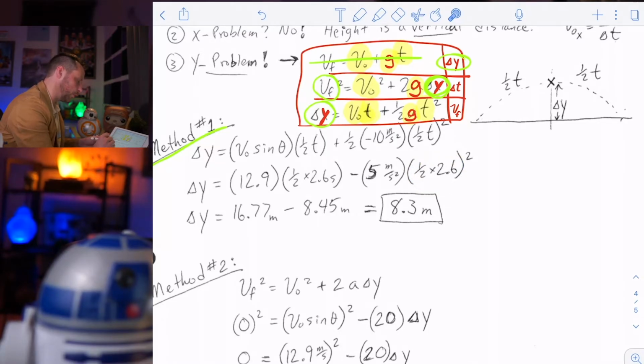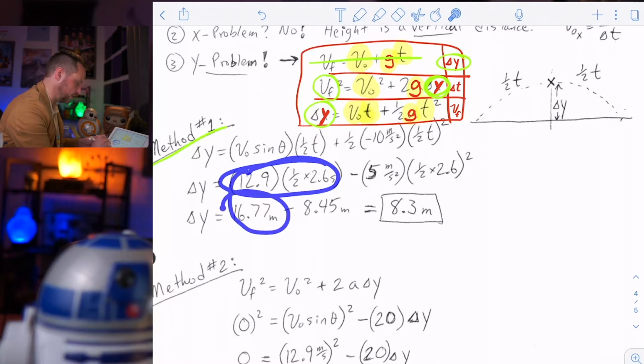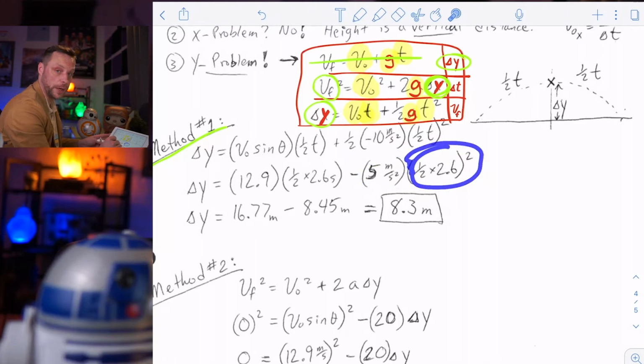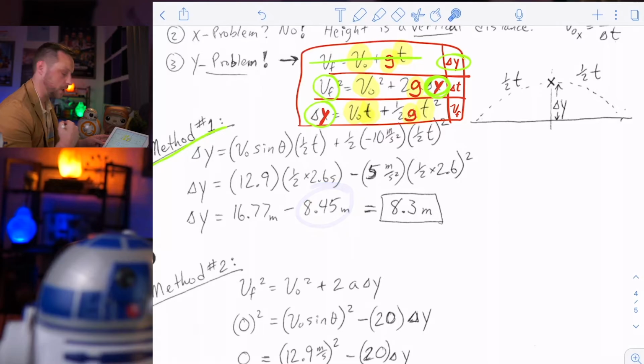And you boil the numbers down, 12.9 times 1/2 times 2.6 gives us 16.77. And then 5 times 1/2 times 2.6. And watch out, it's the 1/2 times 2.6, then squared. So it's really 1.3 squared, then multiply by 5. So just watch your order of operations. If you do that right, you'll get 8.45 meters.